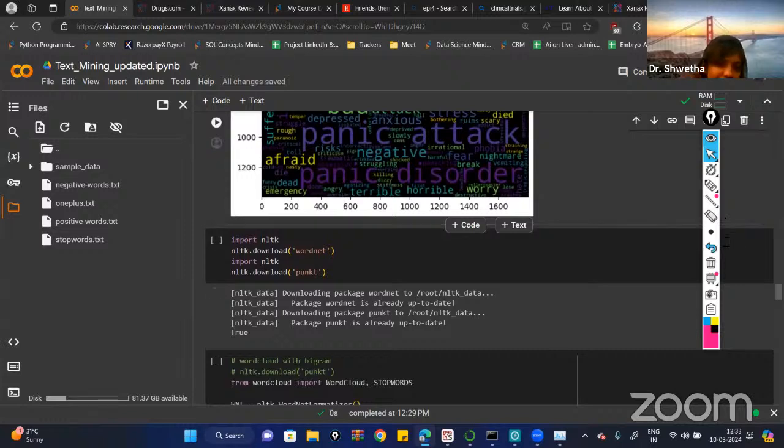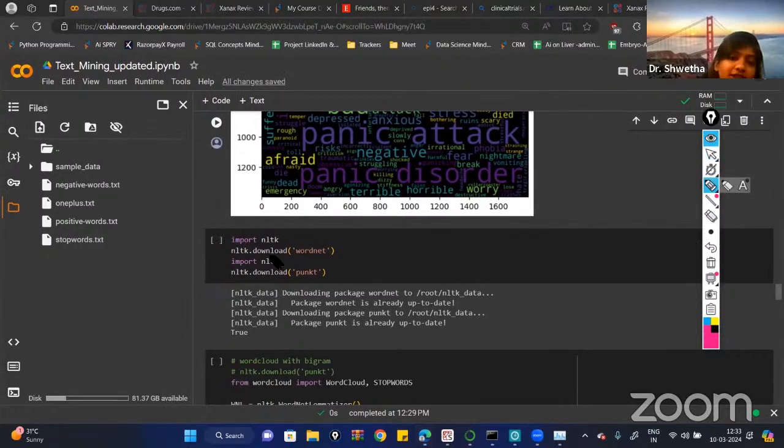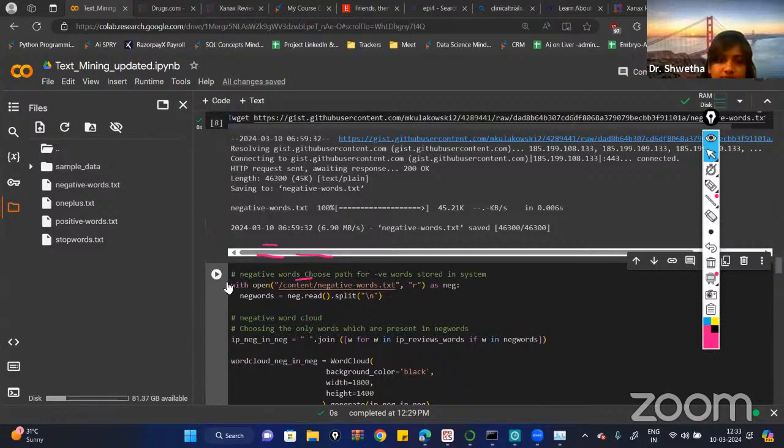Next, we are using NLTK library, Natural Language Toolkit library, and downloading WordNet and Punkt. Let me execute this.